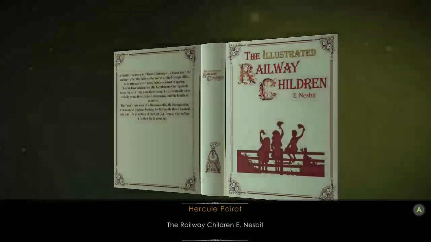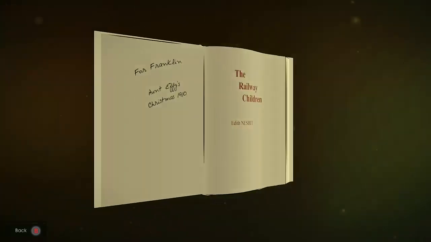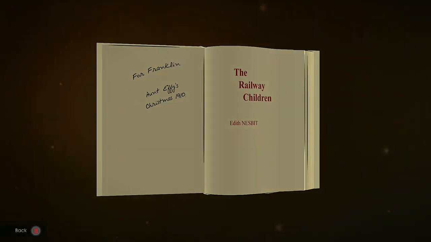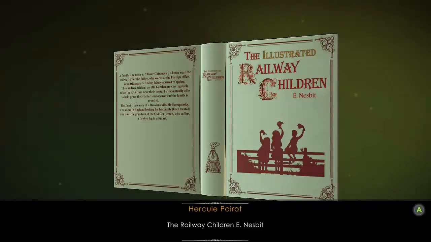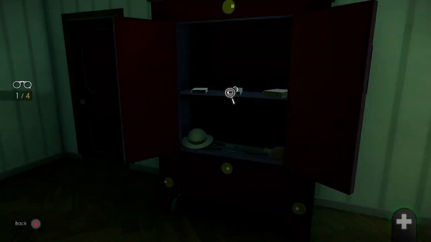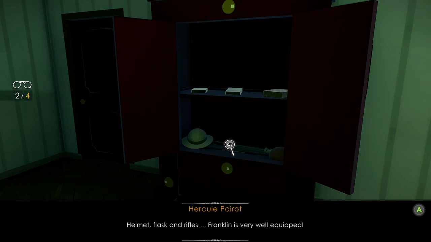The Railway Children, E. Nesbit. Oh, so he really does like the book. For Franklin, and Effie's Christmas, 1910. Helmet, flask, and rifles. Franklin is very well equipped.